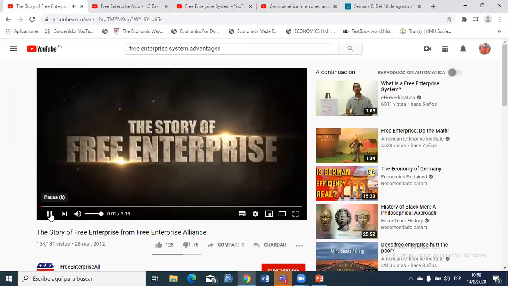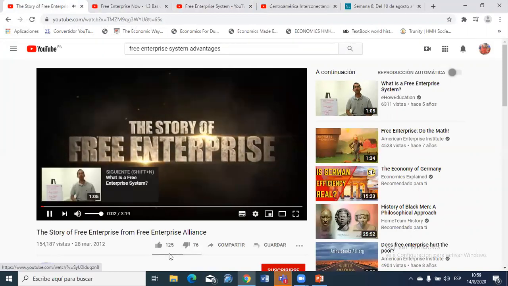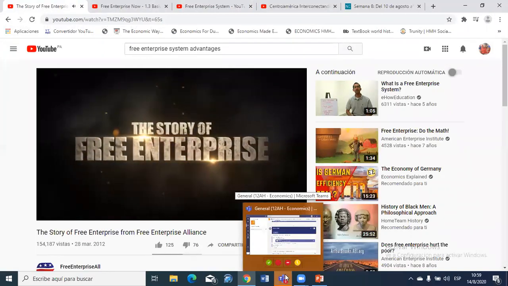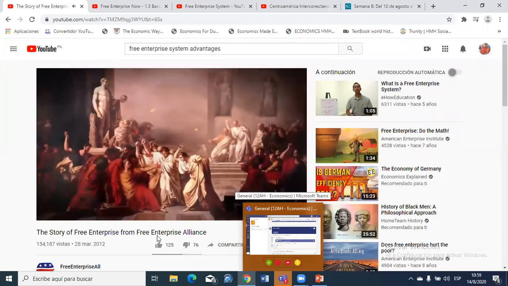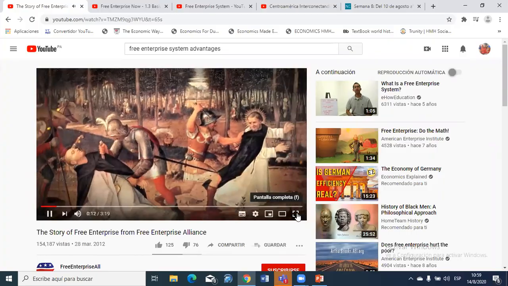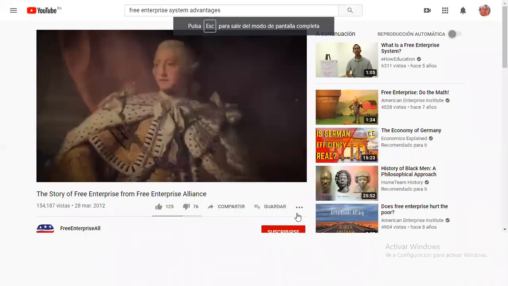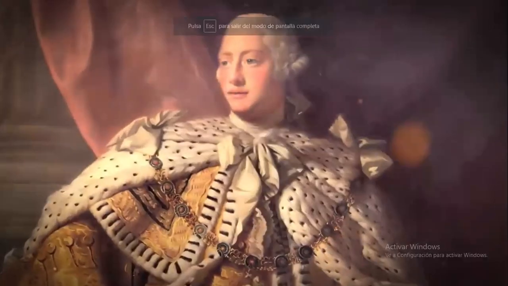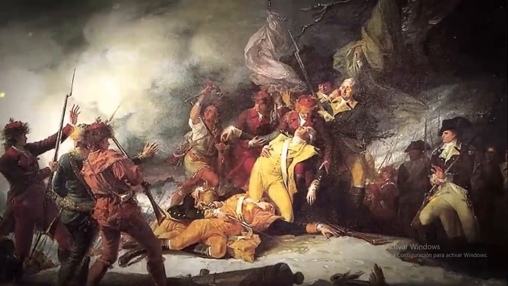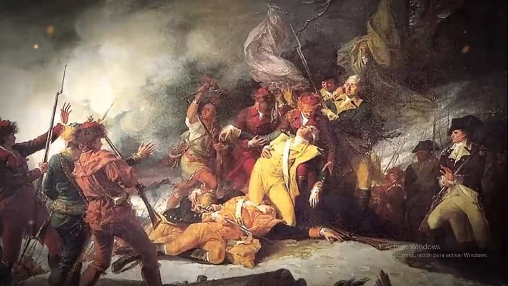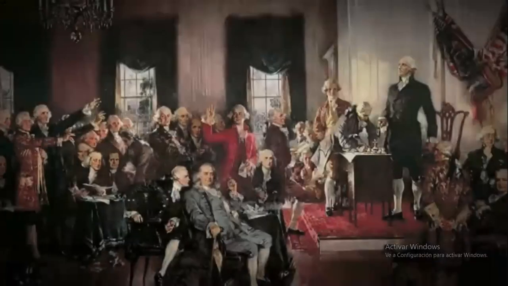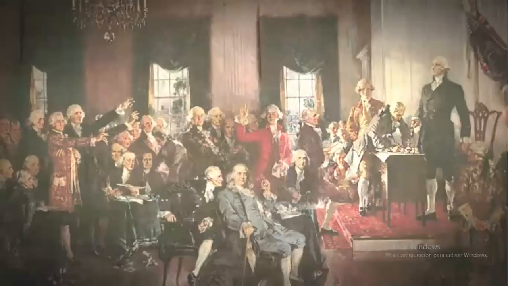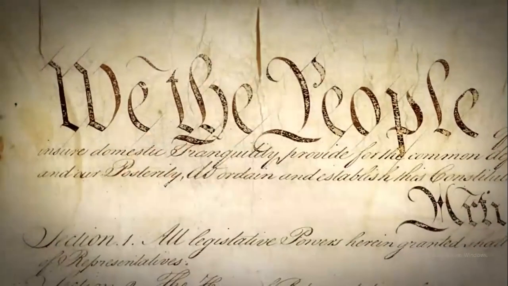Story of free enterprise, from the dream of freedom to the freedom to dream. Throughout history, tyrants built empires by oppressing the individual. But in 1776, a group of men in a remote land dared to challenge a superpower and government control of trade. For the first time in human history, a government was founded that answered to the people.